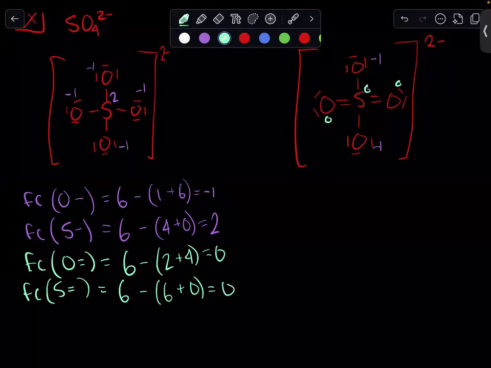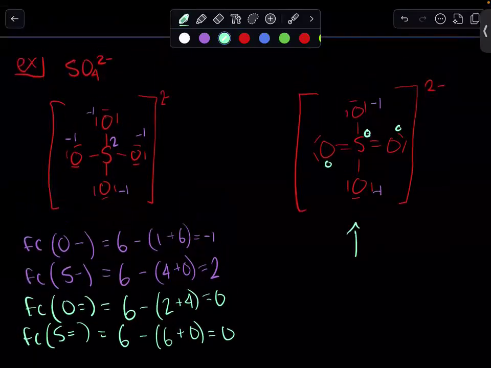So we can see that when we draw sulfate, we should be drawing it with an expanded octet, because it is no longer having 8 electrons, but instead is more stable in this configuration where it has 12 electrons. So this is the more stable.